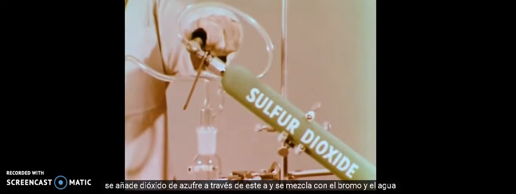The sulfur dioxide is added through this tube and mixes with the bromine and water vapor coming down the column. The bromine color disappears, and colorless hydrogen bromide gas is formed, which passes into the water in this receiver.